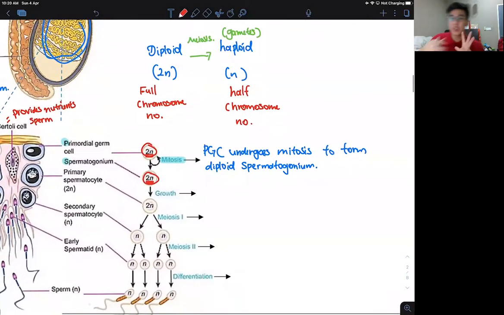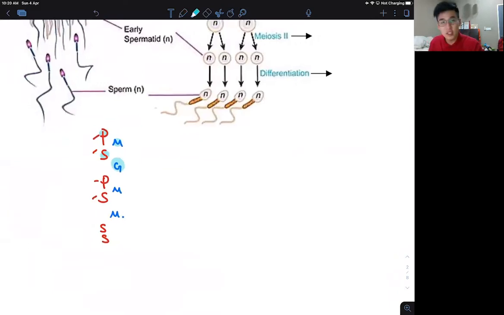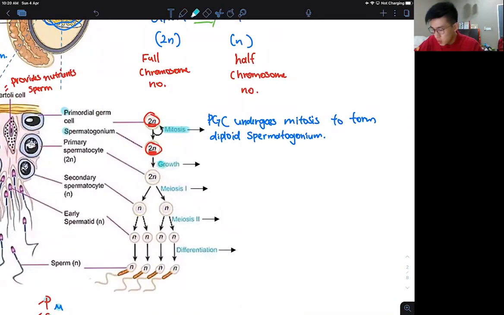So every time I say I undergo a process to form something, it's better to add the word diploid or haploid in front. So I can say primordial germ cell undergoes mitosis to form a diploid spermatogonium. Then continue. G, for grow. So spermatogonium will then grow into P again, primary spermatocyte.